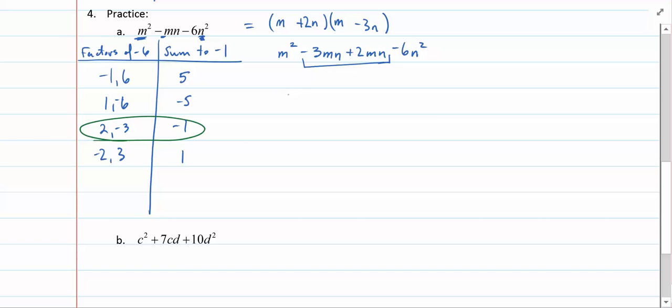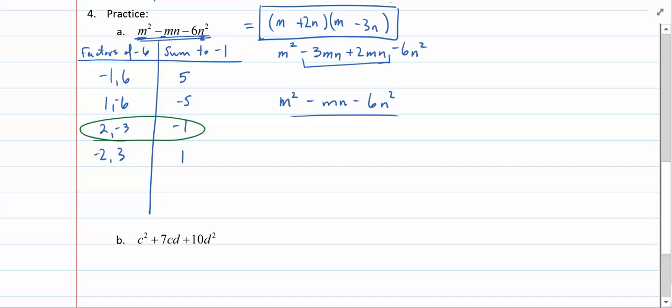These two terms in the middle can combine since they are alike, and we're left with m squared minus mn minus 6n squared, which matches the original trinomial that we started the problem with, and that tells us that this factored pair above was a good solution.